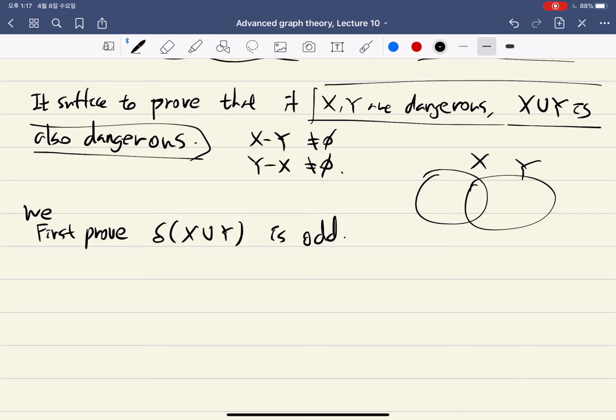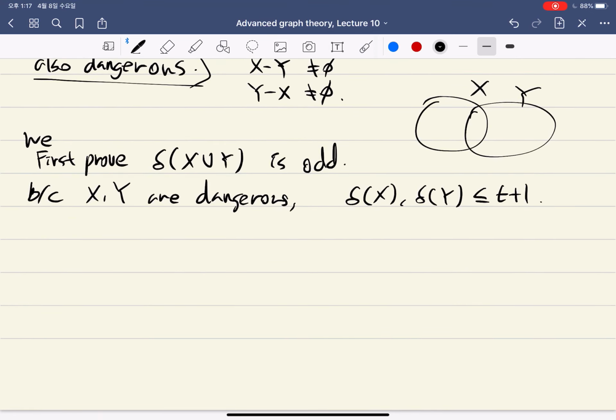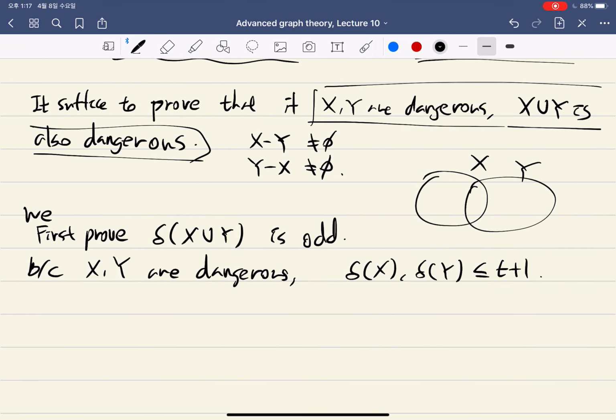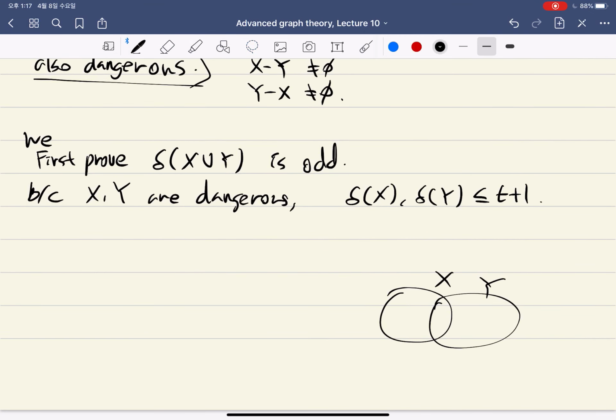And we know that X and Y are dangerous, so delta X and delta Y are both at most T plus 1. And by the definition of dangerous, we know that G is outside here, and U is in both X and Y.